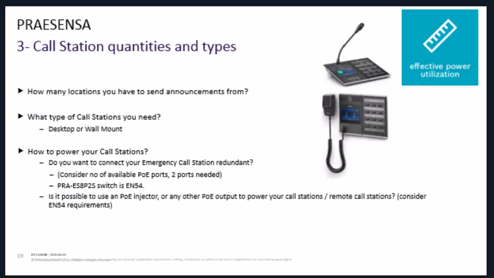So you can also say that, yeah, I have a call station remote, I don't know, 2-3 kilometers away, and I don't need EN54 at that part of the system, maybe. So you can also consider using a PoE midspan or any other PoE source to feed that remote call station. Or you can consider adding another MPS3 unit if it's a fully EN54 system, maybe.